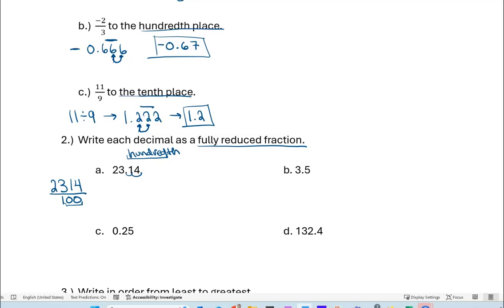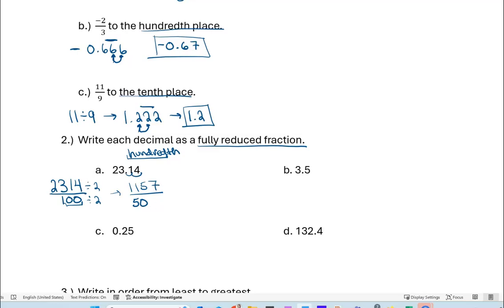The denominator ends in a 0, so that's also even. So I know at least the number 2 goes into both of those. That's where I'm going to start. So 2,314 divided by 2 is 1,157 over 100 divided by 2 is 50.